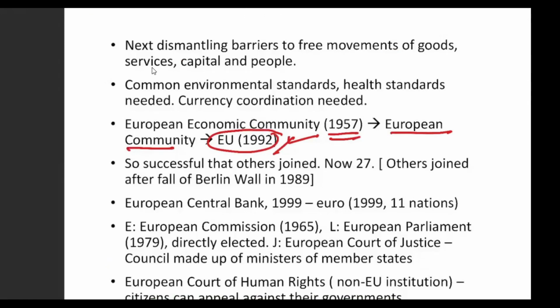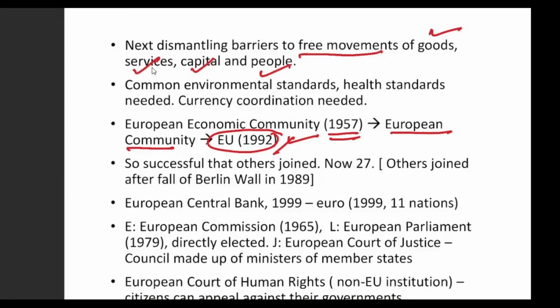How did this come about? They were trying to create free trade, free movement of goods and services, and also capital and people.